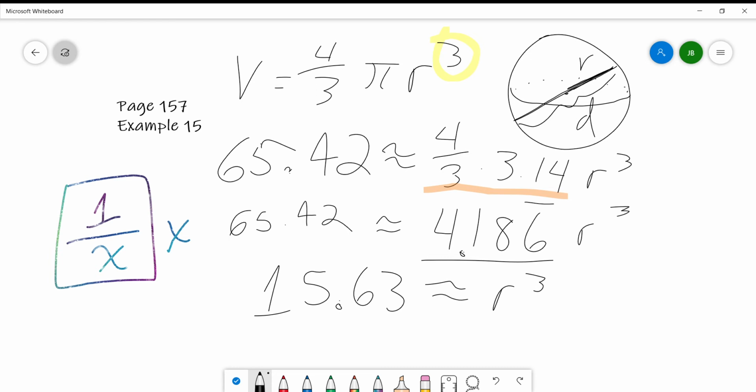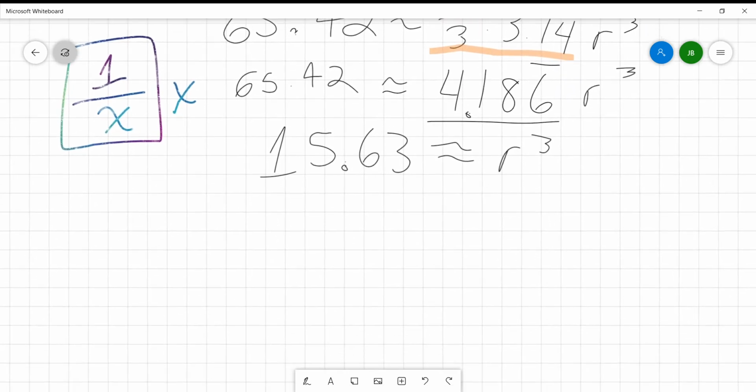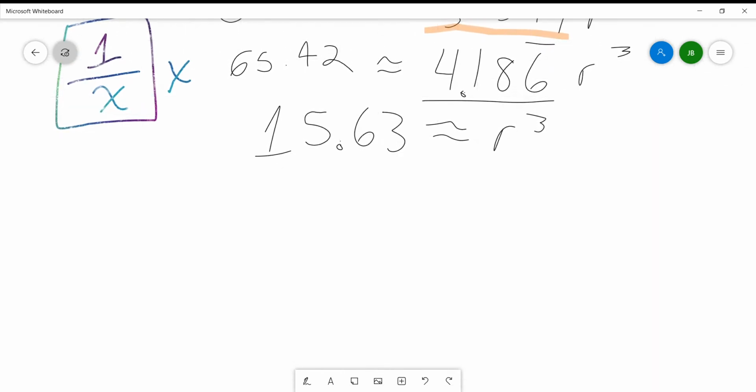Use a calculator to find the cube root of 15.63. Enter the following: 15.63 caret parentheses 1 divided by 3 close parentheses. This is like a big, pay attention, guys. Wake up, everybody. Because this is how you do it.